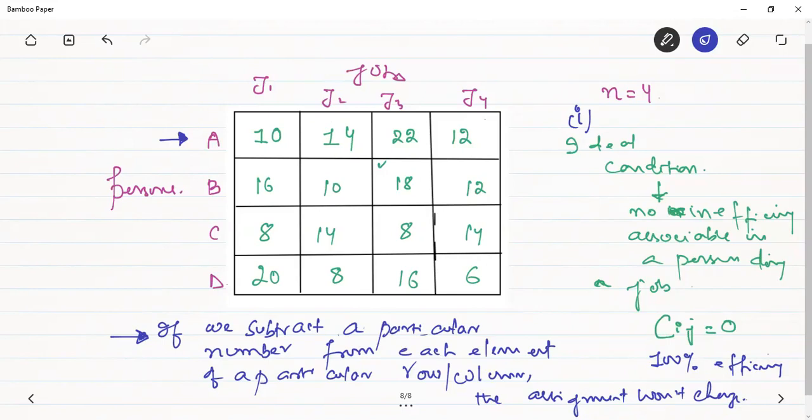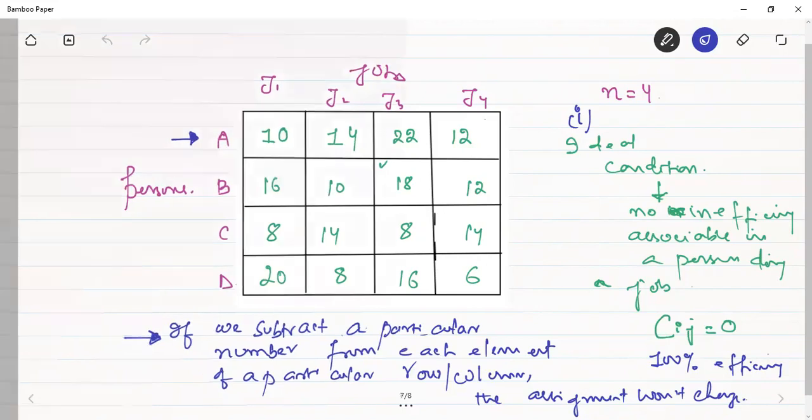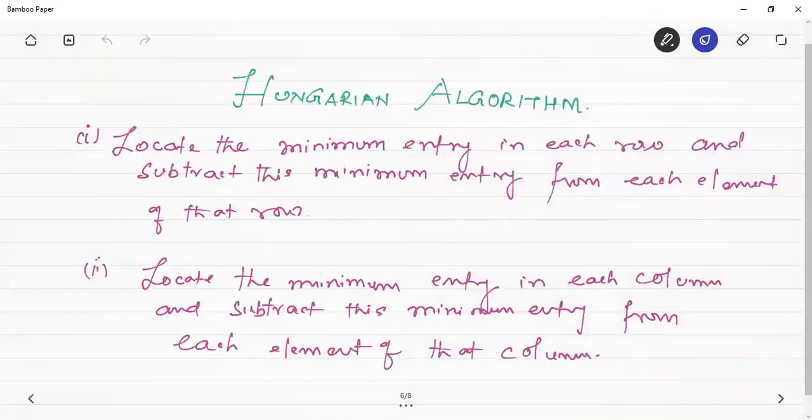So see here what I have written in the Hungarian algorithm. The first step: locate the minimum entry in each row and subtract this minimum entry from each element of that row. इसकी significance ये है कि हमें कम से कम एक zero आ जाएगा उस row में.